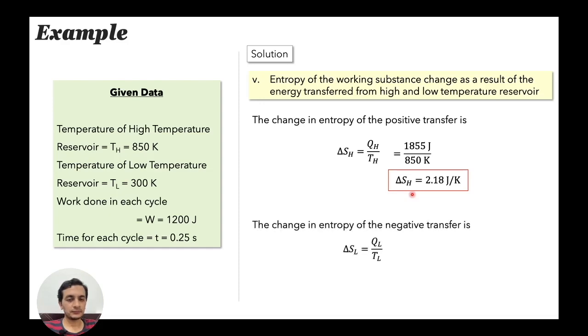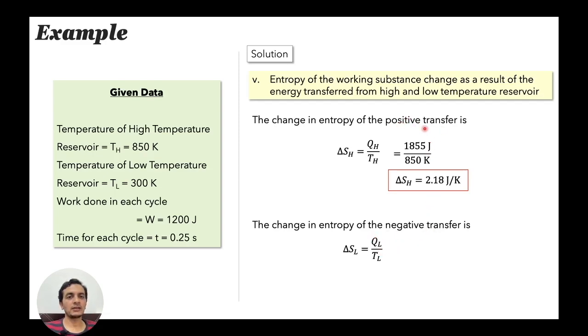Now the change in entropy of the low temperature reservoir. The negative energy transfer means that the energy is released from the system to the surroundings. Here the surrounding is the low temperature reservoir, which is why we call it a negative transfer.